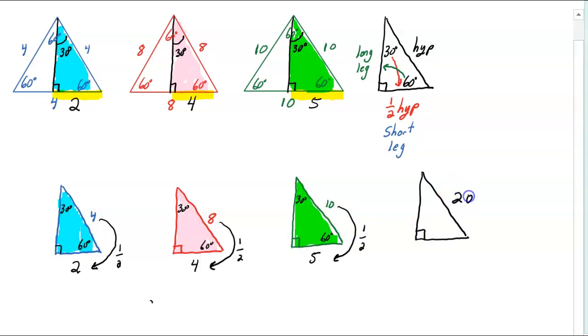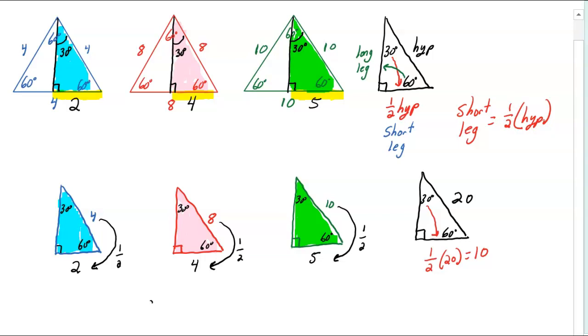So if the hypotenuse was 20 and I had a 30, 60, 90, then the short leg, the side across from the 30, is going to be half of 20, which is 10. So the short leg, I'm going to write this formula down, is always half of the hypotenuse.